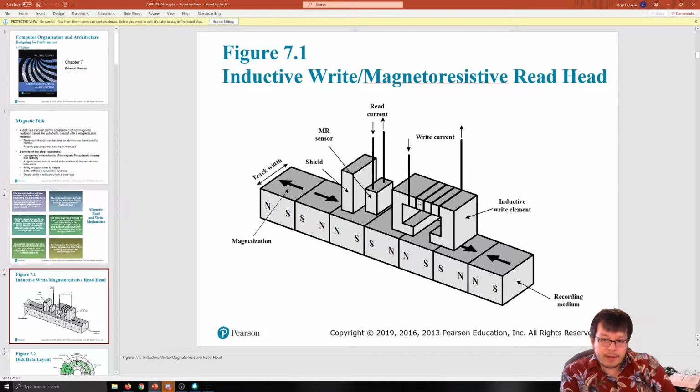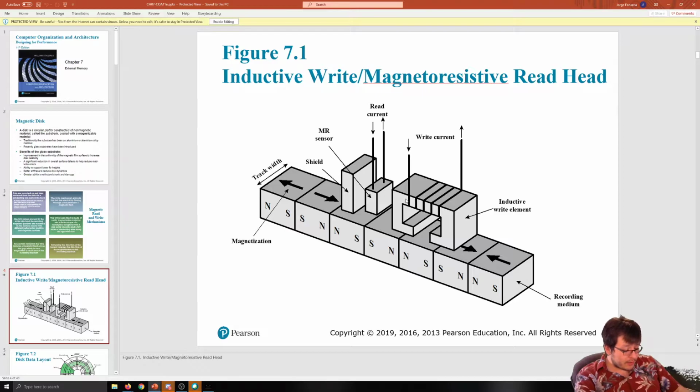Now, if you're asking what these are, there's a certain limitation to doing this whole reading and writing thing, because it involves detecting the magnetic field. Later on, the book talks about the MR sensor as a way of improving this technology, because right now we're using the same head to read and write. But with a partially shielded magnetoresistive sensor, which is what MR stands for, it has an electrical resistance, and that's what it uses to detect how this is magnetized.